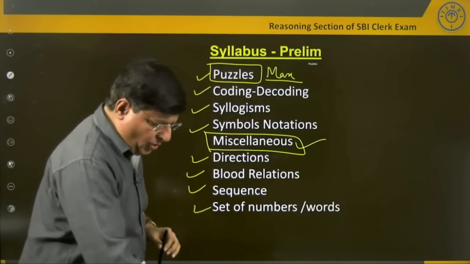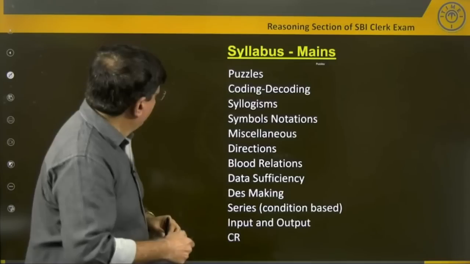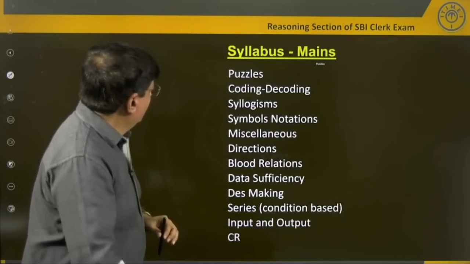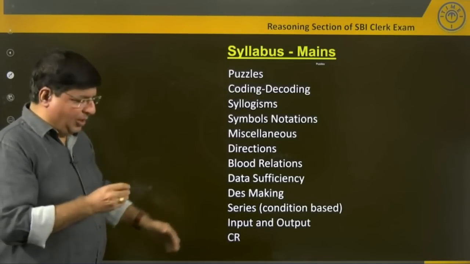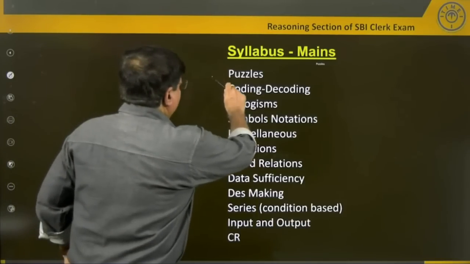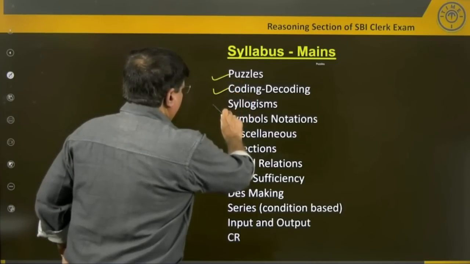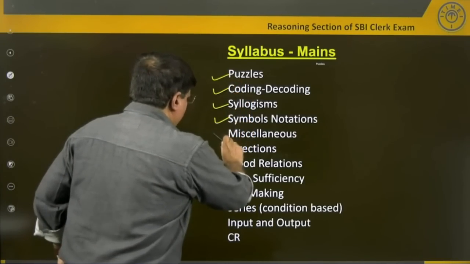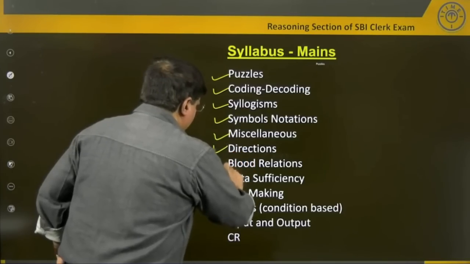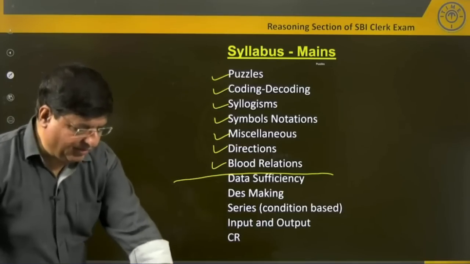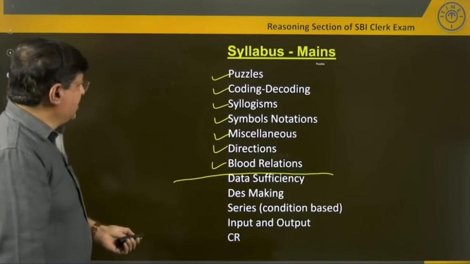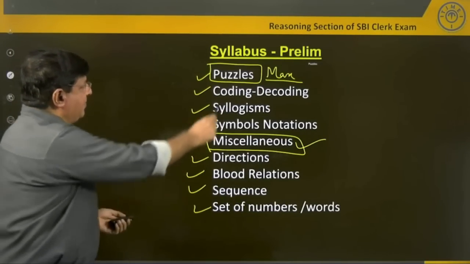Now let's get into a little more detail. Alright, before we go there, let's look at mains topics: puzzles, coding decoding, syllogisms, symbol notation, miscellaneous, directions, blood relations. These topics are exactly the same as those in the prelim syllabus. Look at this, this is your prelim syllabus.